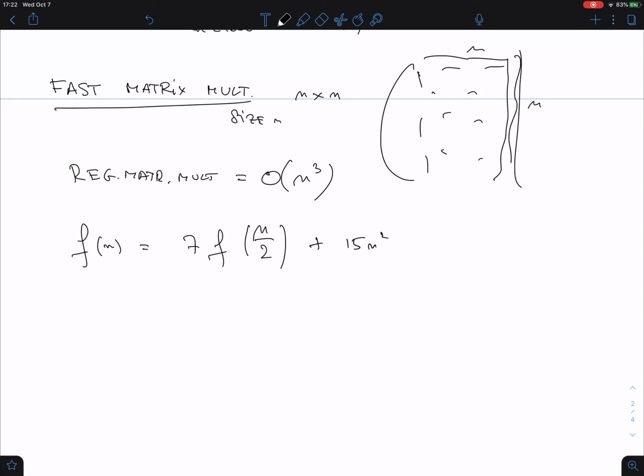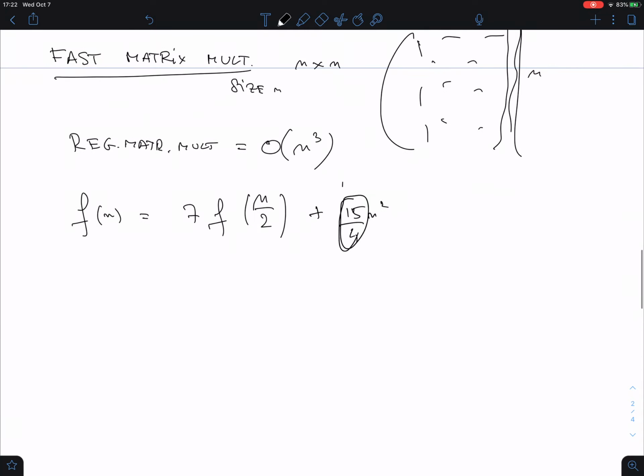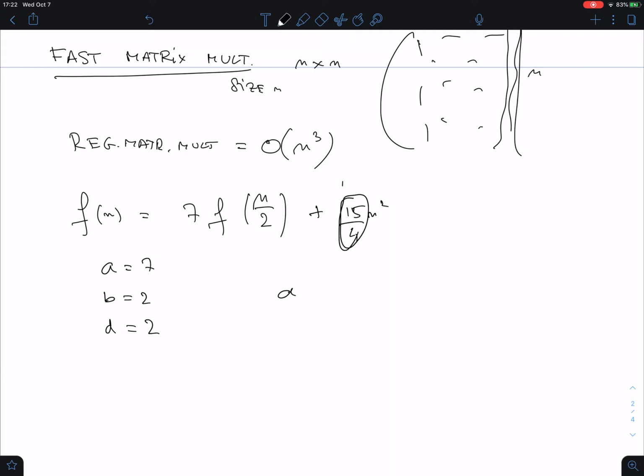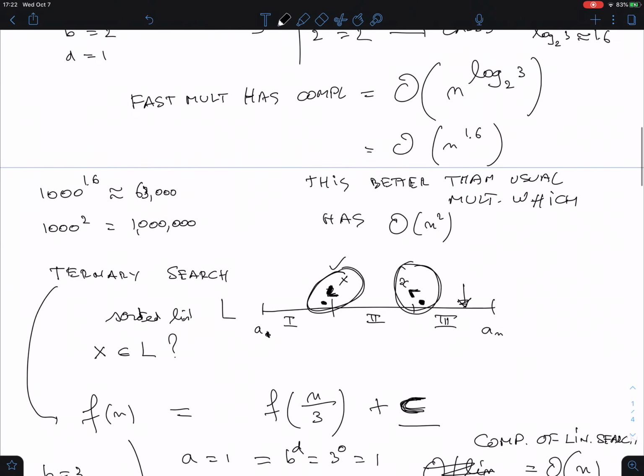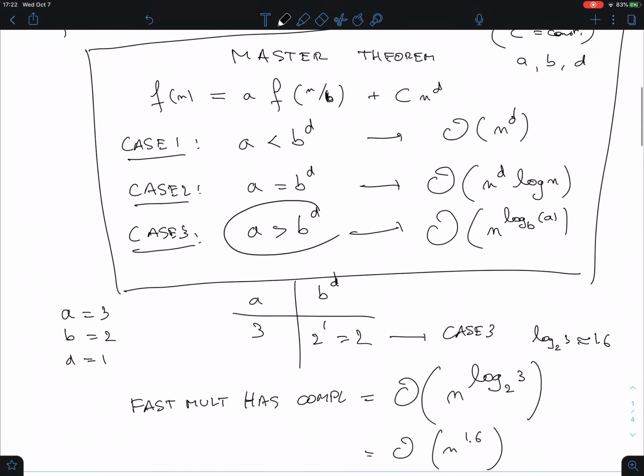It was n squared over 4, the actual constant. But the only thing that matters is the degree, so the constant C doesn't matter. What we have is A is 7, B is 2, and D is the degree, 2. So we have to compare A with B to the power D. A is 7, B to the power D is 2 to the power 2, that is 4. So A is bigger, and we are in this situation again.